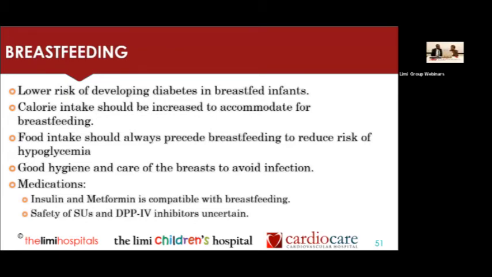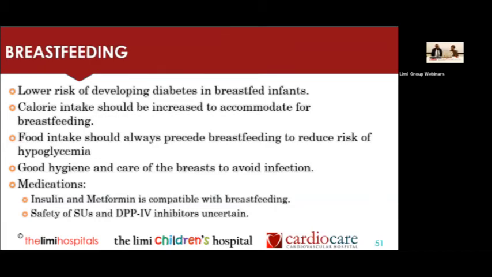In addition to that, we also advise her either to cut down the insulin or the hypoglycemics if it's a GDM patient, or we revert back to the pre-pregnancy dosage for pre-gestational diabetes, and then you encourage her on that. We should know that sulfonylureas and DPP-4 inhibitors should not be used in breastfeeding people because we don't have safety data on them.